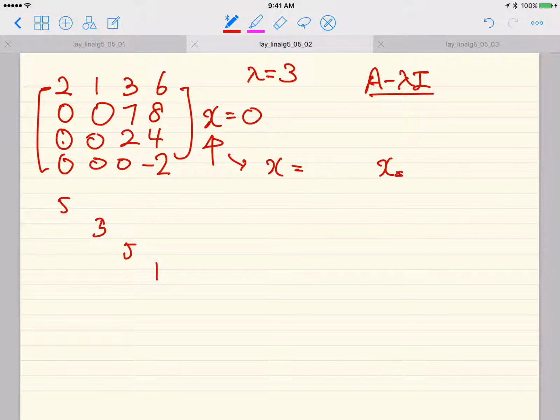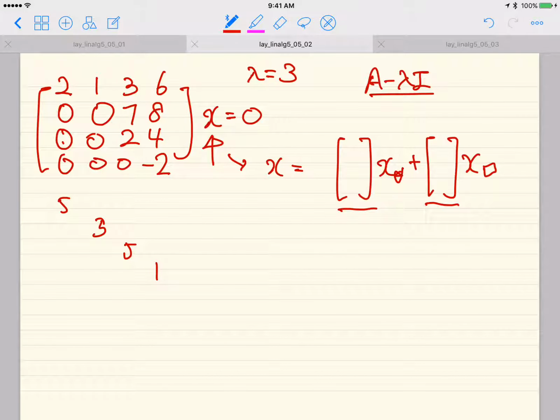So we have some free variable and possibly another free variable, and then you will have some vector, right? And in that case, we have 2 dimensions for our null space, right? And the number of those vectors was the same as the number of free variables. And then in this case, how many free variables do we have?